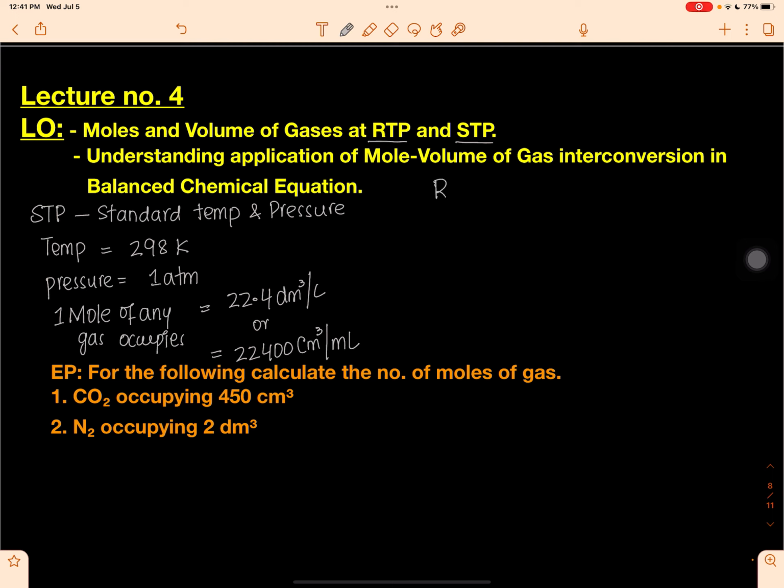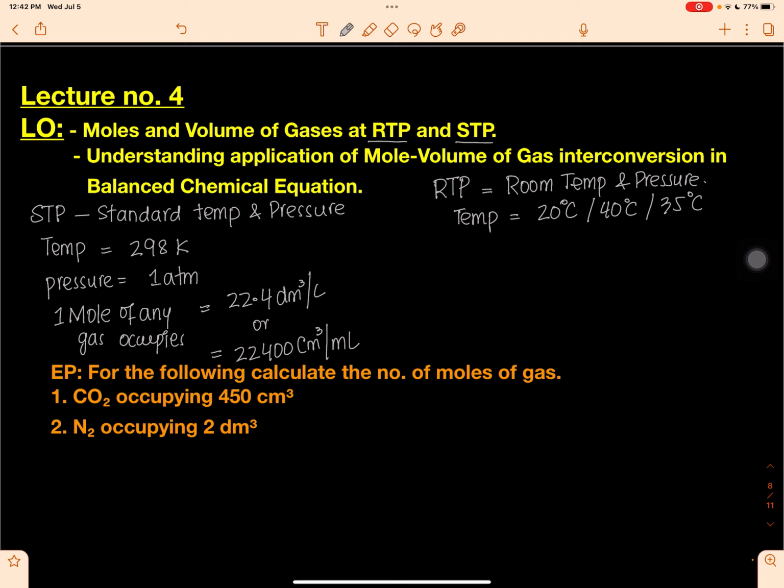Then we have RTP. What is RTP? RTP is room temperature and pressure. Room temperature can be any temperature, any conditions of room temperature. It could be 20 degrees C, 40 degrees C, 35 degrees C, any kind of room temperature. And pressure would be varied in the same way as the temperature is varying.